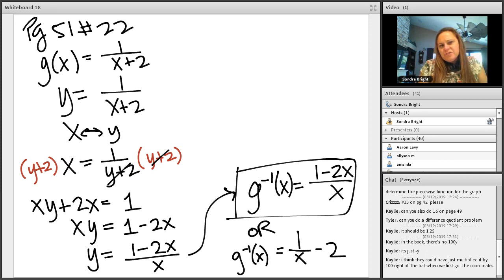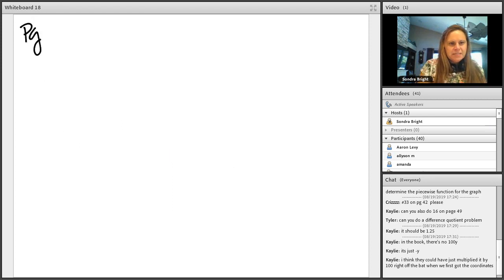I mean, technically the domain here, x can't equal -2, right? And so it's not going to be able to either on the inverse. But just don't worry about restricting it. Okay, same page, number 26.